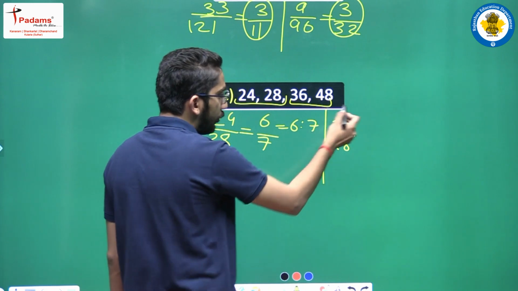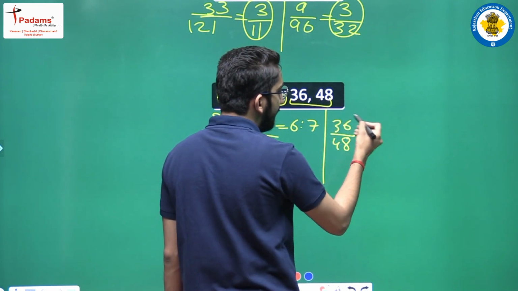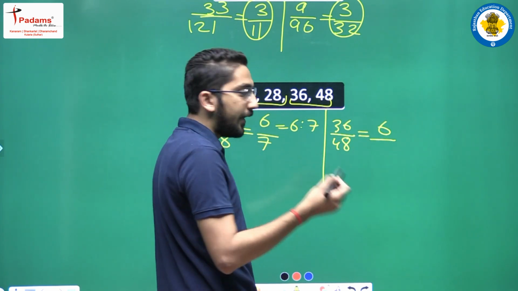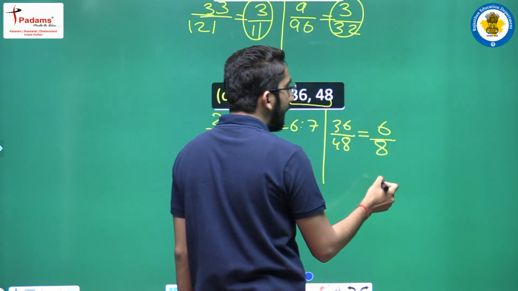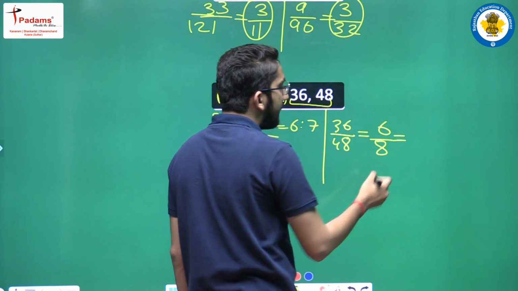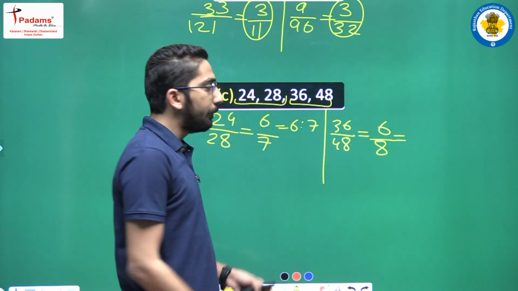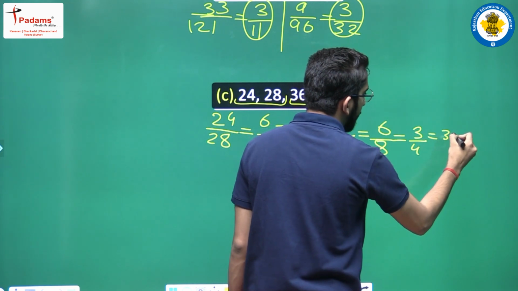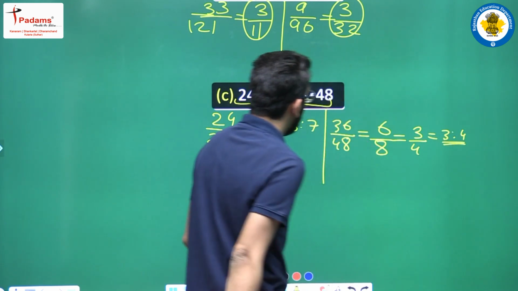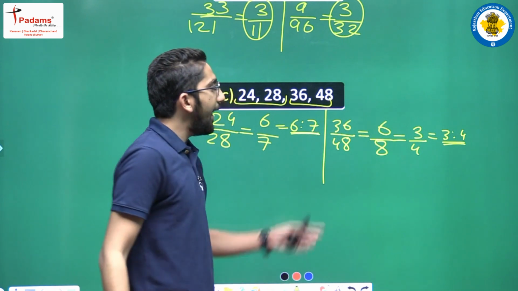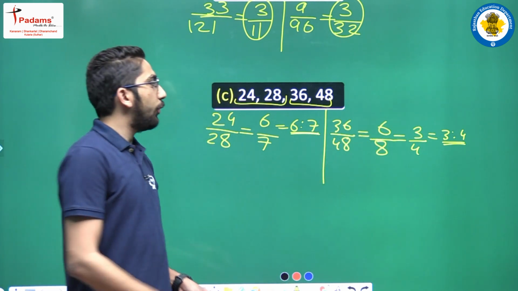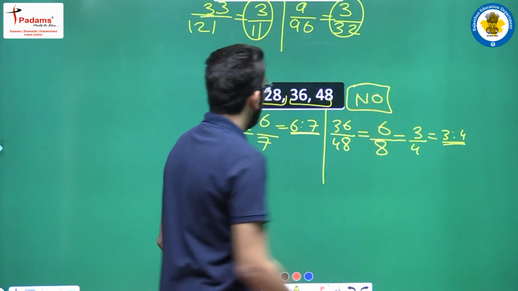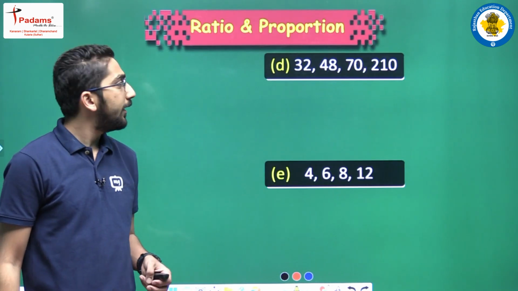I can divide both of them with 6. 36 divided by 6 is 6 and 48 divided by 6 is 8. So this is 6/8 and you can further simplify this by dividing with 2. So this will become 3/4 or 3:4. So this is 6:7 and this is 3:4. So again they are not in proportion. ठीक है, क्लियर है. आगे देखिए.